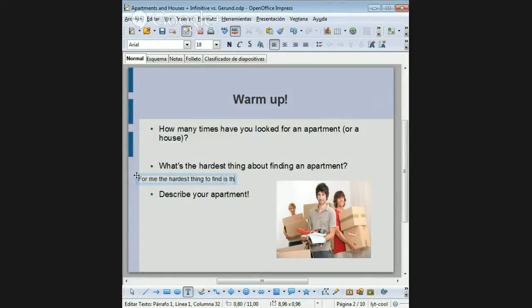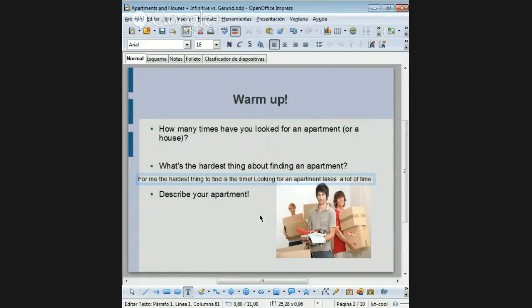Looking for an apartment usually takes a lot of time. Nice. Okay, yeah, looking for an apartment takes a lot of time. Good. Yeah, so finding the time to actually do it, that's great.